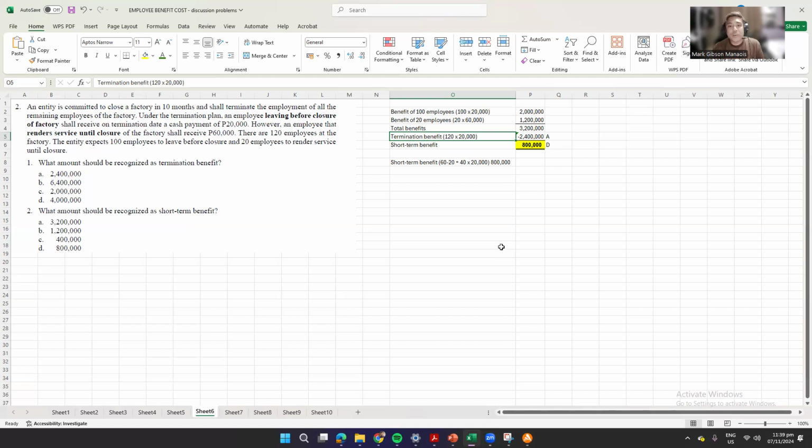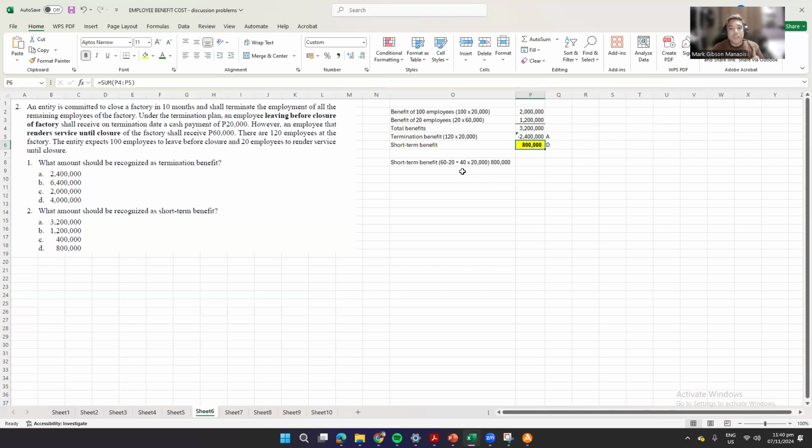Now for the short-term benefit, simply total benefits less your termination benefit. So that's 800,000. Another way to compute that is simply 60,000 less 20,000, which equals 40,000, multiplied by 20 employees. So that's 800,000.